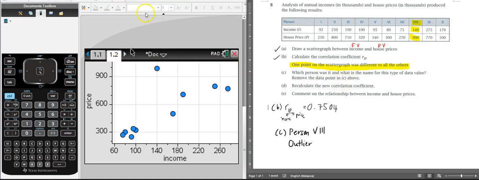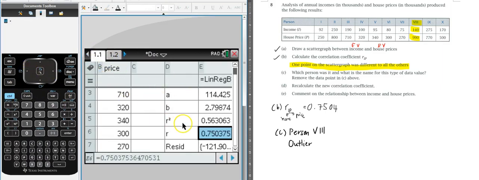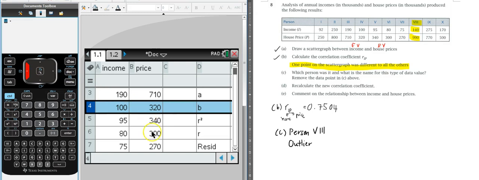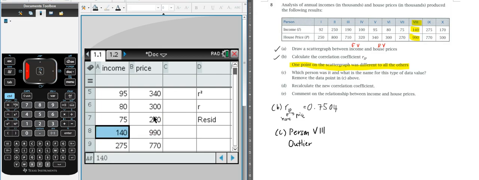And they ask you to remove the data point in the C above. So in your calculator, please Control to the left-hand side, go back to this spreadsheet and delete it out. So that means you are going back to number 5. Okay, let's check where it is. 140990 is over here. So what to do? They ask you to remove. How to remove?